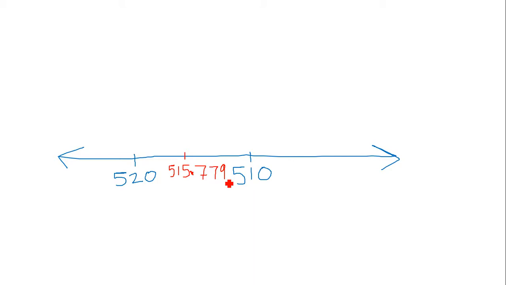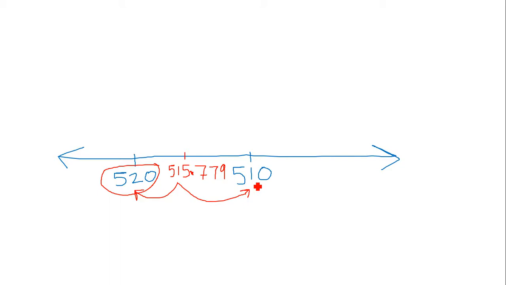Now what they're really asking us when they ask us to round this is: is 515 closer to 520 or closer to 510? It's closer to 520. That's what the question is actually saying. If you put 52, it's not between 520 and 510.